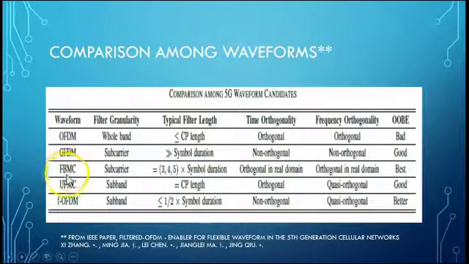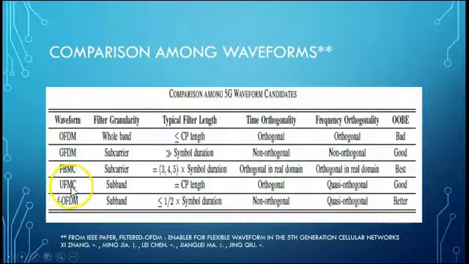Another is the filter bank multicarrier waveform, where the filter granularity is subcarrier wise, but the filter length is increased, sometimes more than 3 or 4 times the symbol duration, and these are orthogonal in the real domain only. But the best part is that the out of band emission is best in this case.